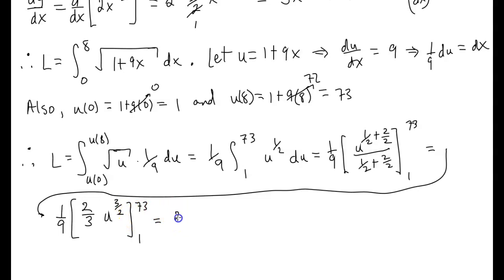All right, and so this will be just 2 over 27 u raised to the, and I'm actually going to put this in radical form now. So this will be the square root of u cubed, going from 1 to 73.